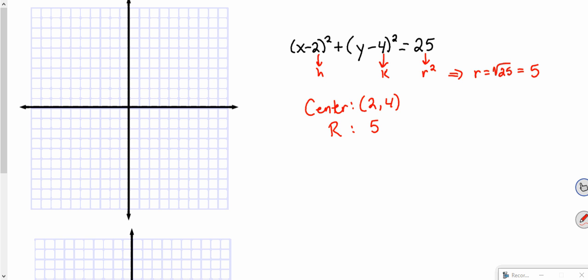So (2, 4), here's my center. My radius is 5. So here's what I like to do. I like to count up, down, left, and right in all 4 directions, 5. So 1, 2, 3, 4, 5.